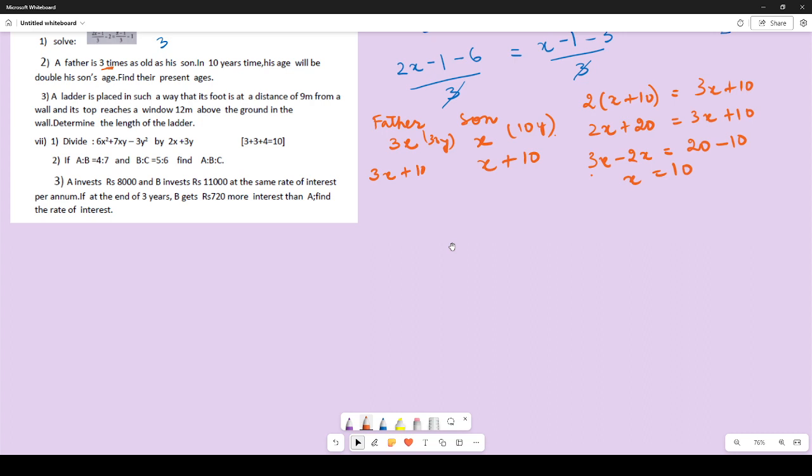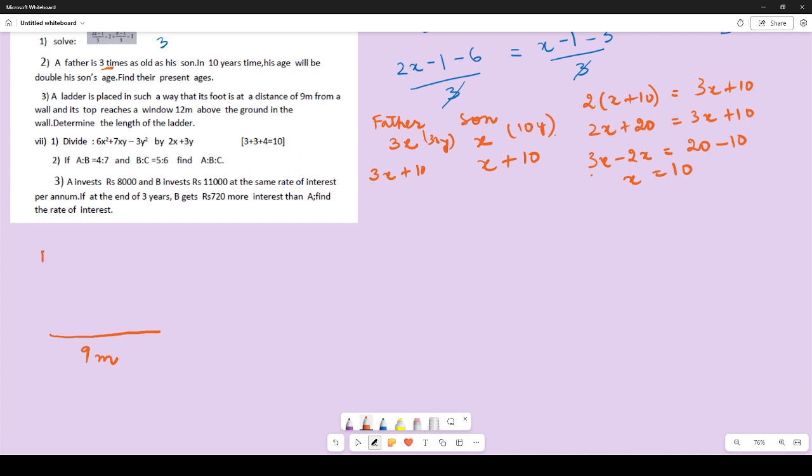Again, many of you got confused with this and you didn't get the figure right. So let us see. A ladder is placed in such a way that its foot is at a distance of 9 meters. Now this is 9 meters, right? And its top reaches the window 12 meter above the ground. So over here, this is the top.